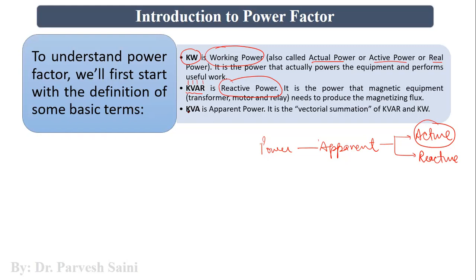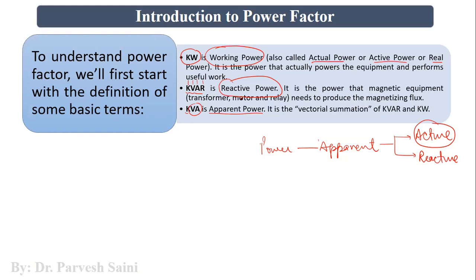And then we have the volt amperes, or you can say kilovolt ampere. So this is nothing but the apparent power. This is the power of the source. That means the power which is generated, which is produced by the source, and this power is delivered to the load.